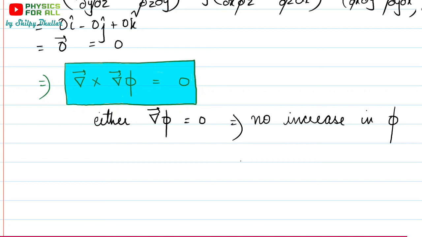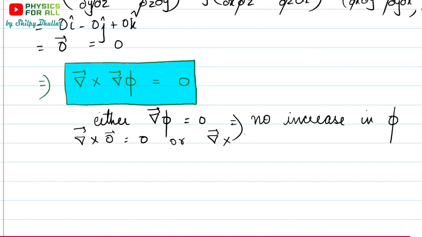So one thing is this, and if that's the case, then curl of any 0 quantity or vector would be 0. If our magnitude is 0, we cannot take curl of any scalar quantity.